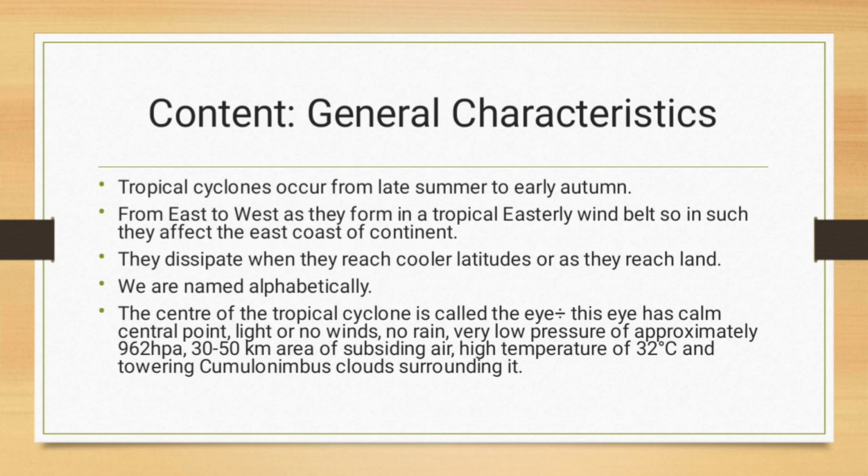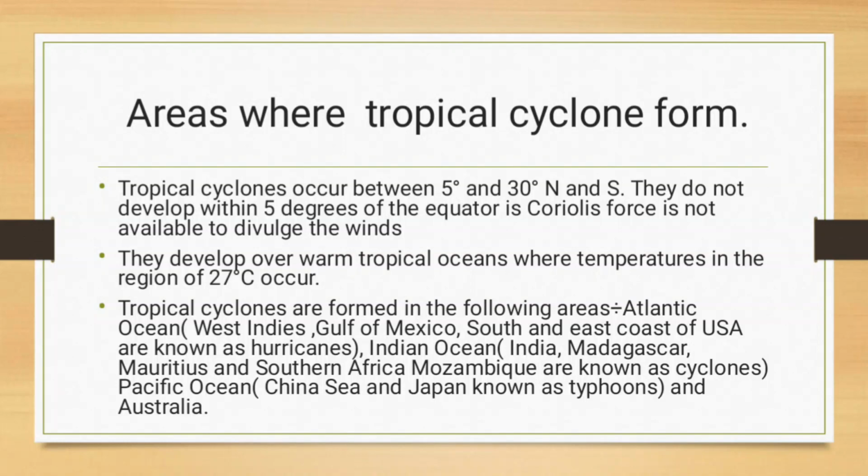Moving forward, we are going to talk about the areas where the tropical cyclone forms. Tropical cyclones occur between 5 degrees and 30 degrees north and south. They do not develop within 5 degrees of the equator because the Coriolis force is not available to diverge the wind.